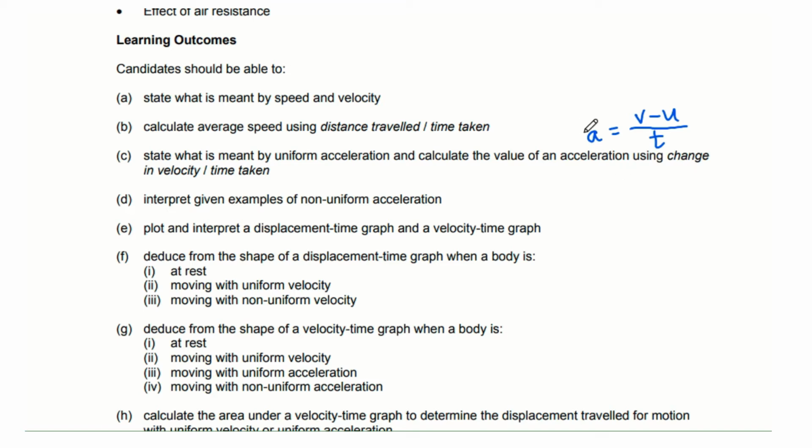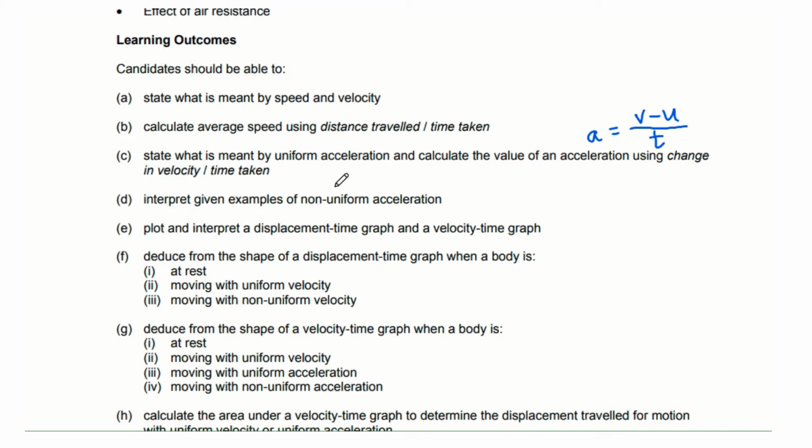You need to know the formula for acceleration because you will be asked to calculate the acceleration. Next, you will need to be able to interpret given examples of non-uniform acceleration. Usually they will give you a scenario or a diagram, and you'll need to be able to interpret whether the acceleration is uniform or not.